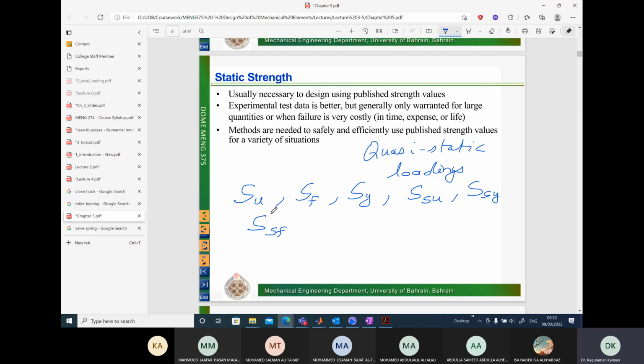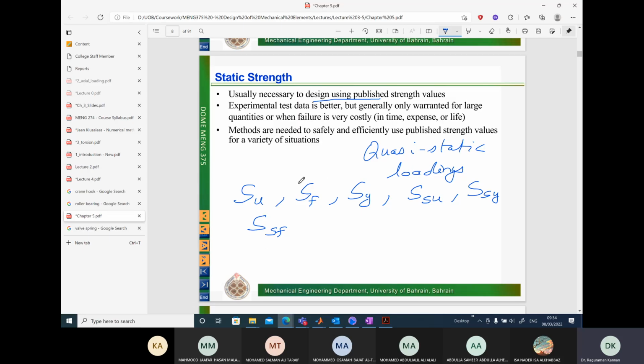So usually these properties are necessary to design, and we get these properties from published values. Experimental test data is better, but generally only warranted for large quantities or when failure is very costly. So usually how do we obtain these values? From experiments.